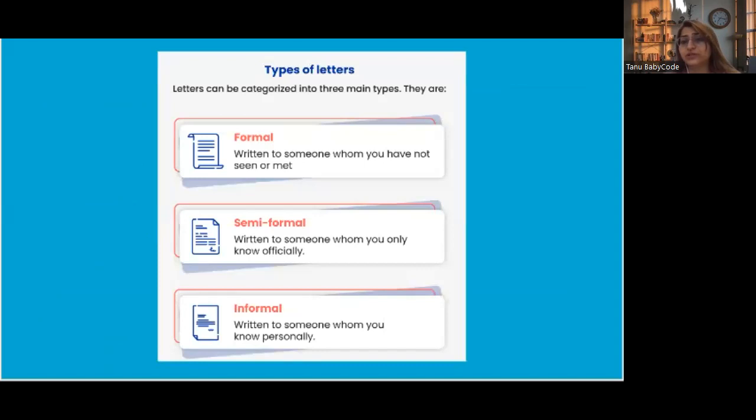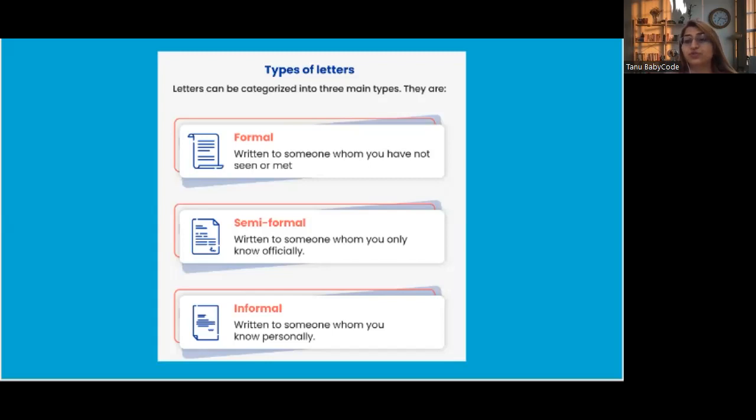What is formal, what is semi-formal, and what is informal? Formal letter means letters which are written to someone whom you have not seen or met. That means completely addressed to the person who is completely unknown to you, right? Semi-formal means which is written to someone whom you know, but you know them officially.